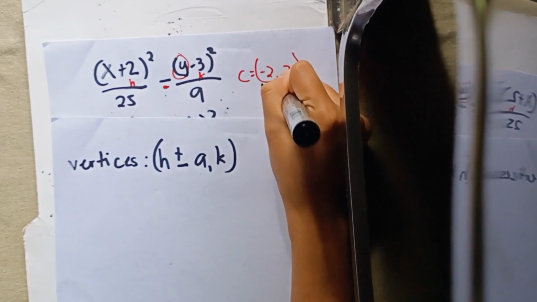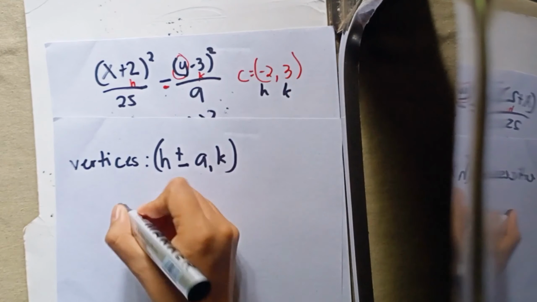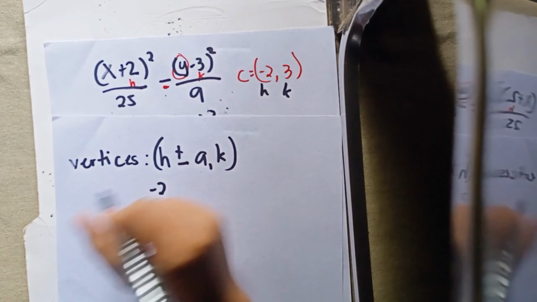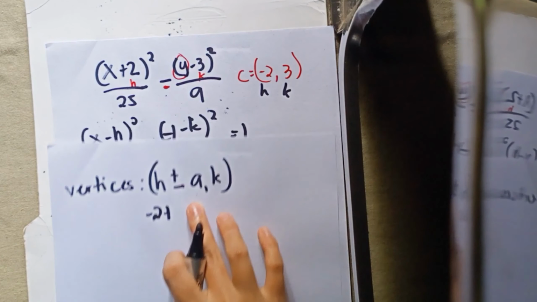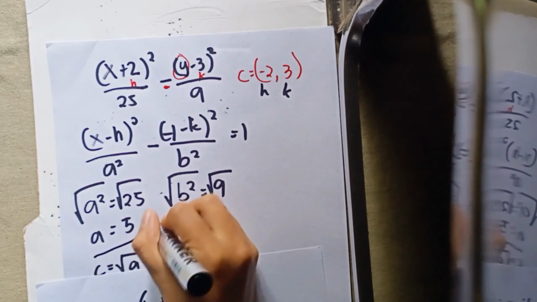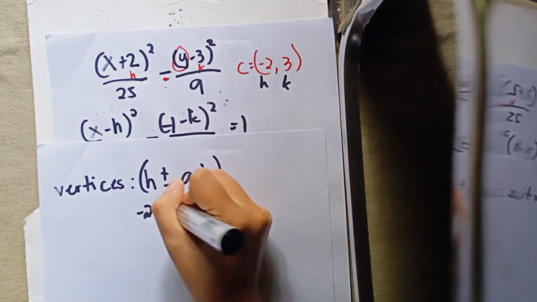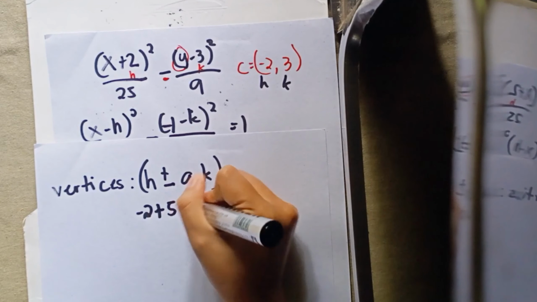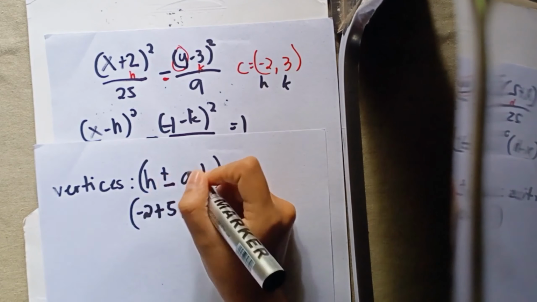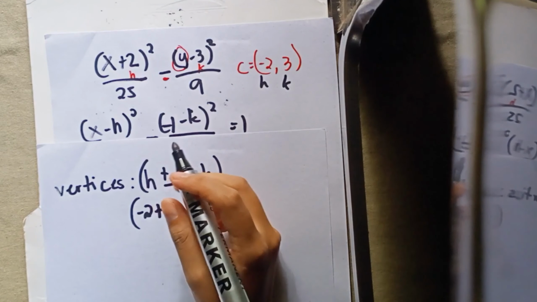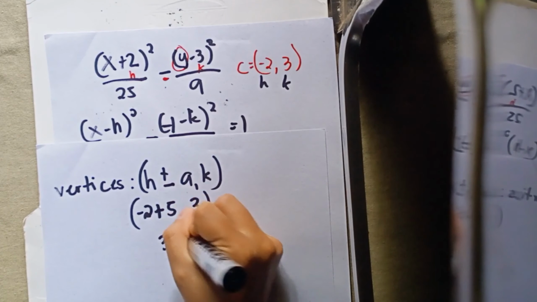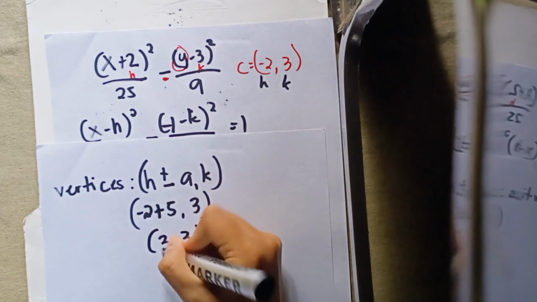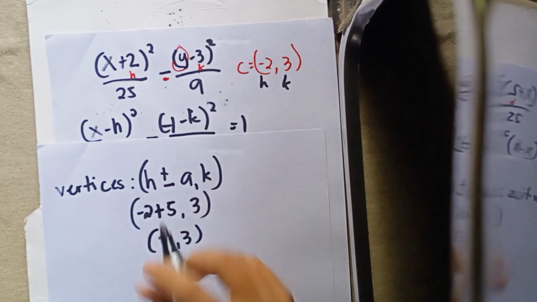Our h and k are the center. So our h is negative 2 plus a. What is our a? Our a is 5. So negative 2 plus 5, and our k is 3. Negative 2 plus 5 is equal to 3. Okay, so this is our vertex 1, or V sub 1.